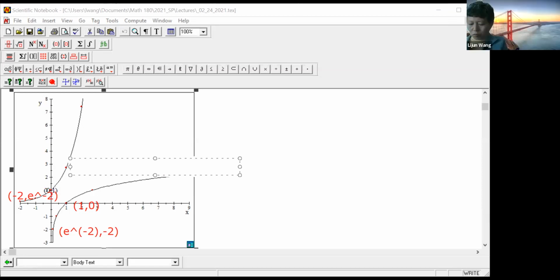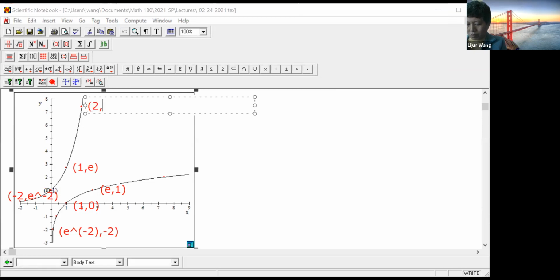And this one is 1, e, and this guy is going to be e, 1, and this is 2, e squared. Is everything absolutely clear?